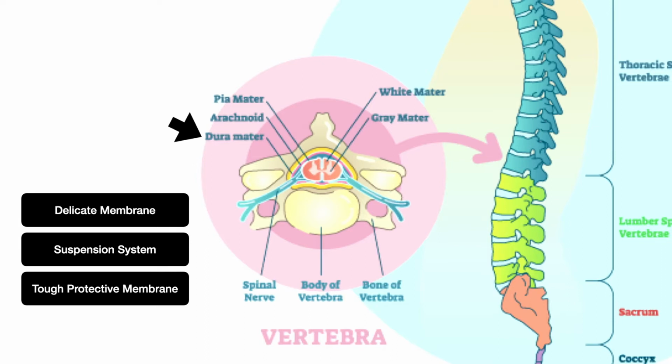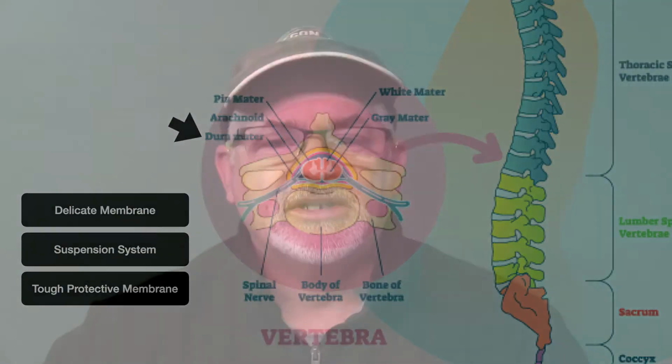We see this kind of nomenclature here. Arachnoid comes from arachnid, the word for spider, the spider webby kind of cushioning, and dura mater, as in durable. Having spoken to a couple of individuals who have been involved in spinal cord surgeries or brain surgeries, this dura mater is really tough.